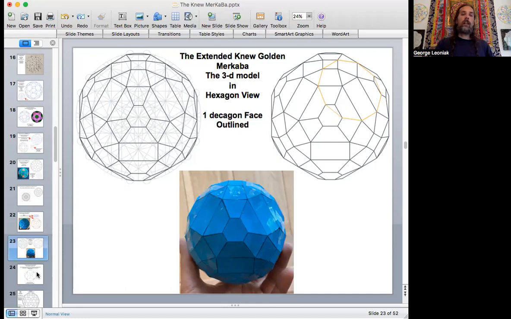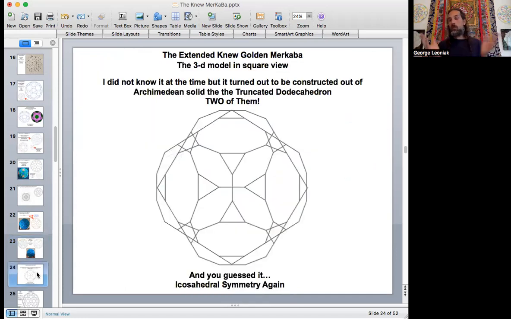So there's two decagons. Now, this is a part that I didn't really know till like 2 weeks after those discoveries, is that this extended version of this new Golden Merkaba, where I'm doing those pentagons to extended, it turned out to be two truncated Archimedean solids. I mean, the truncated dodecahedron, two of them, and they were just superimposed over top of each other, okay?